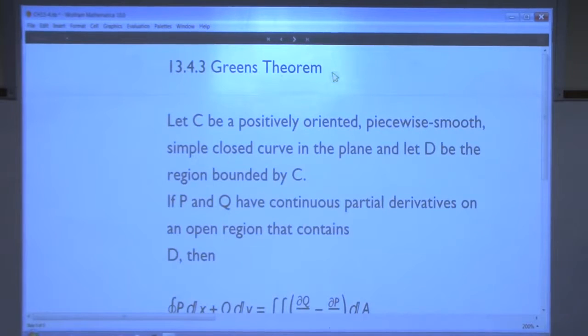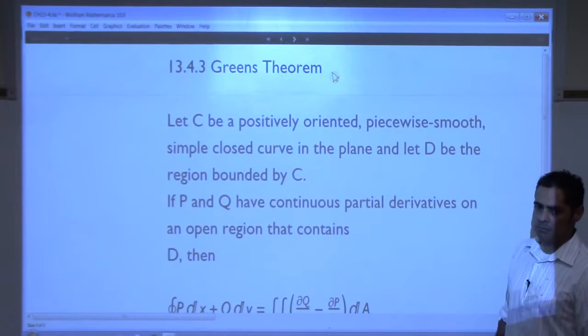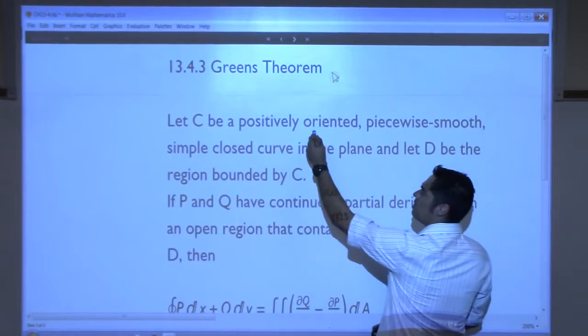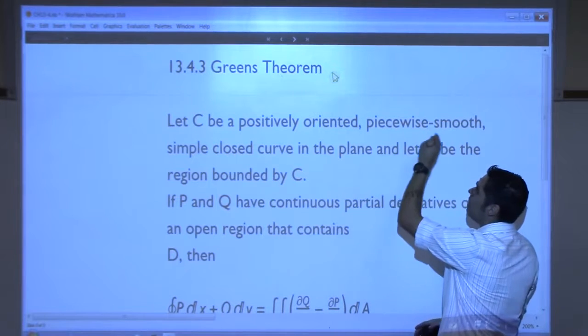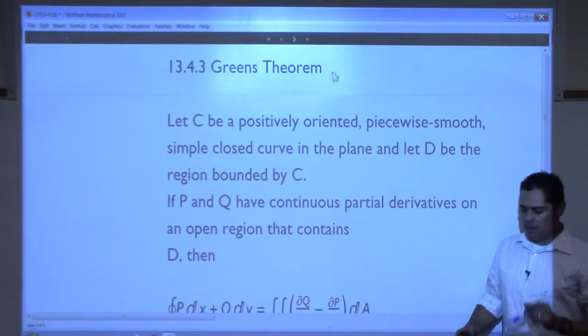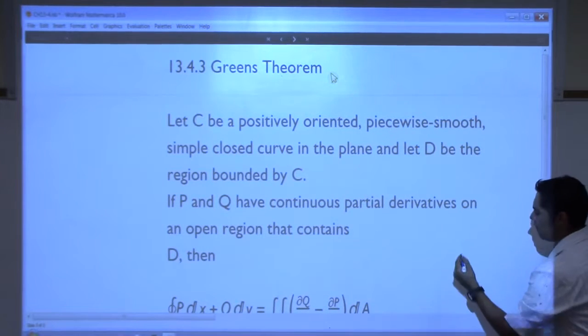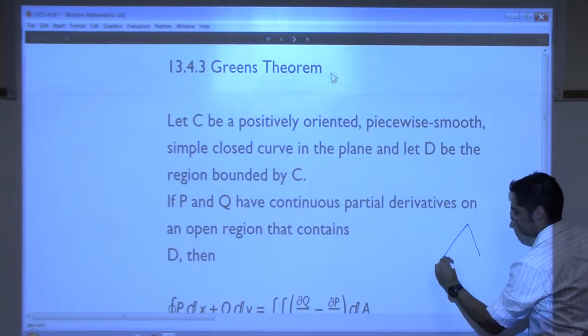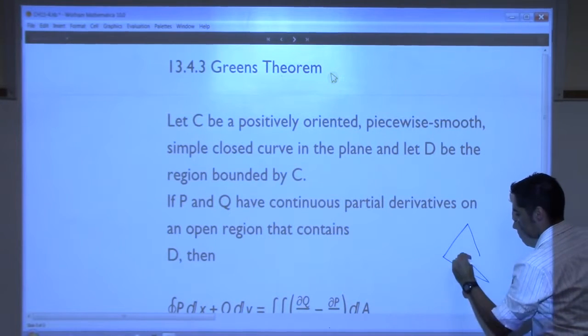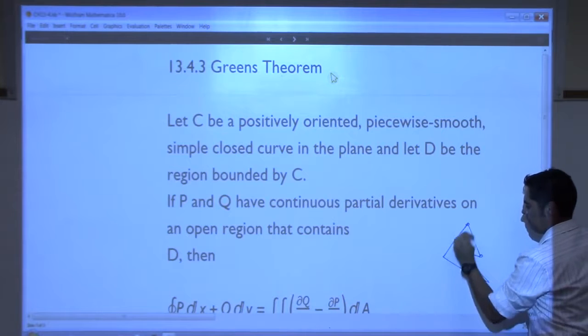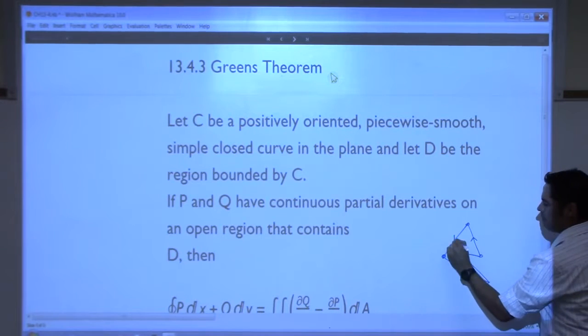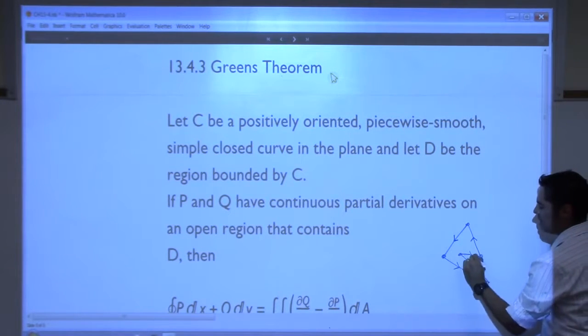So here's Green's theorem. Let C be a positively oriented, piecewise smooth, simple closed curve. Okay, so positively oriented, counterclockwise. Piecewise smooth means that the curve might look like this, maybe a bunch of line segments together.